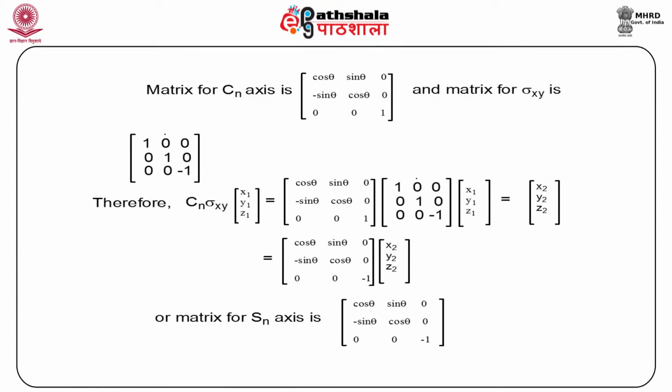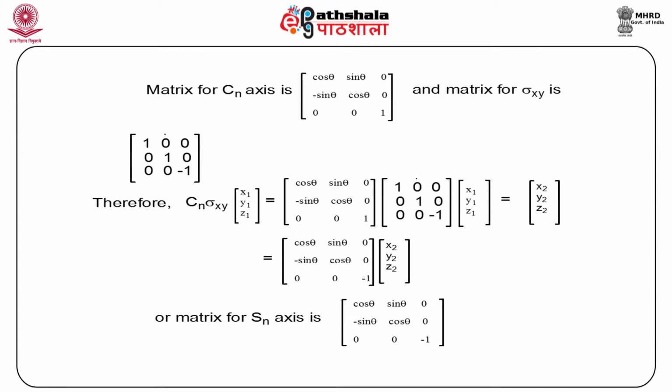Now we write down the matrices corresponding to the Cn axis and sigma xy. Cn is given as cos theta, sin theta, 0; minus sin theta, cos theta, 0; 0, 0, 1, and the matrix corresponding to sigma xy is 1, 0, 0; 0, 1, 0; 0, 0, minus 1. Therefore, Sn is equal to Cn followed by sigma xy on the point x1, y1, z1.